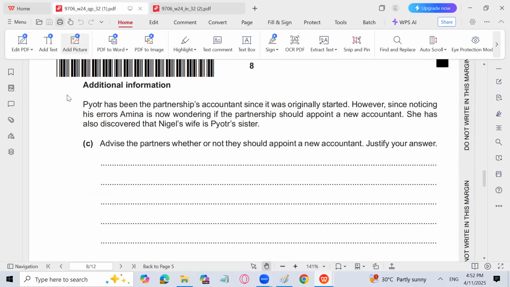So it depends: if Peter's sister is not taking part in the decision making of the company, and is working only as an accountant, because it may hurt decisions since she is Nigel's wife, then we should appoint her as the new accountant, so that our accounts give a true and fair view of the business. Right? So this is it.